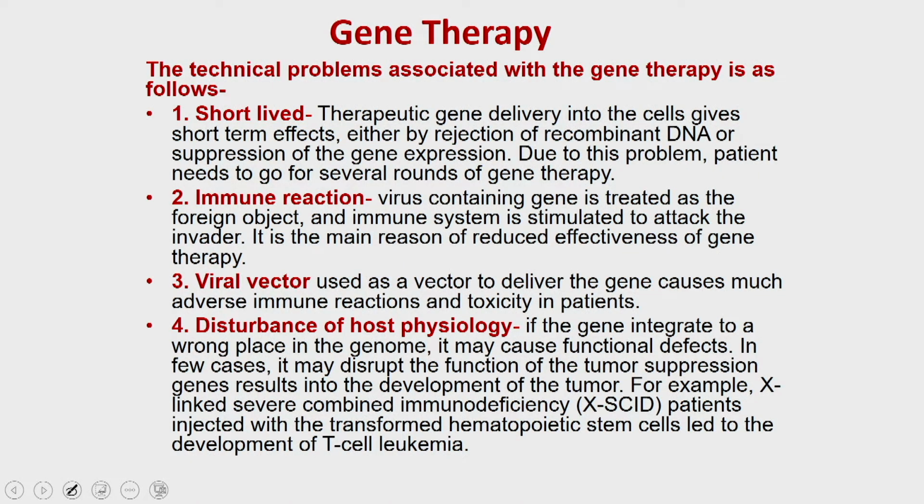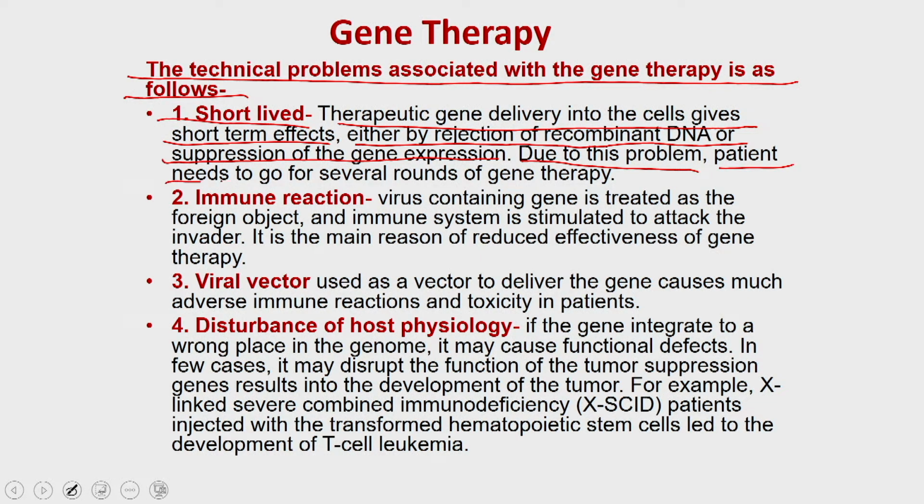The technical problems associated with gene therapy are as follows. Number 1, it is short lived. The delivery of therapeutic genes into the cells gives short-term effects, either by rejection of the recombinant DNA or suppression of the gene expression. Due to this problem, patients need to go for several rounds of gene therapy.